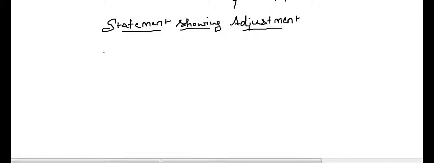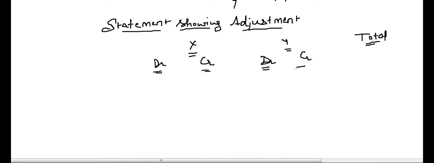Clear? In that, I'll have partner X, Y and total. Under X, I will write debit, credit. Under Y, I'll write debit, credit. Now, here I'll take interest on capital is to be given to the partners, that is to be credited to the partners. I'll write interest on capital.